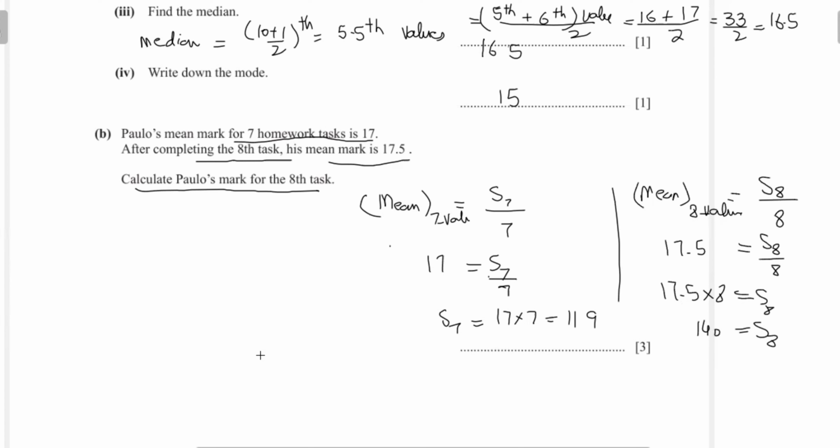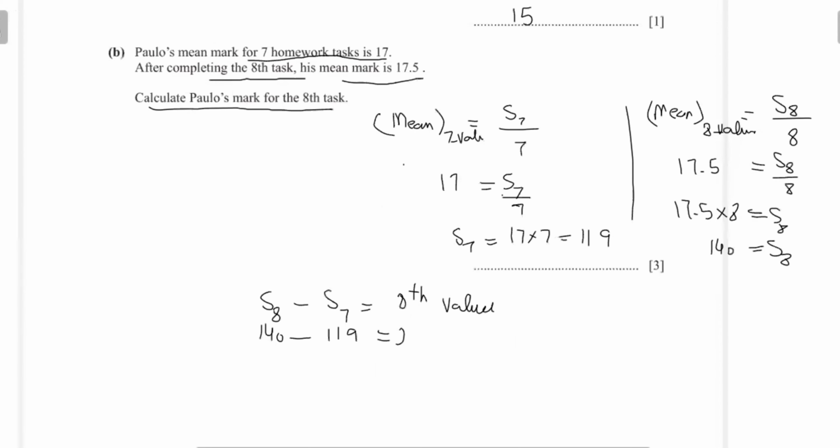And therefore, the difference of the sum of 8 values minus the sum of 7 values will be equal to the 8th value. Therefore, 140 minus 119 will be equal to 21. And Paulo's mark for the 8th task is 21. And this is the answer.